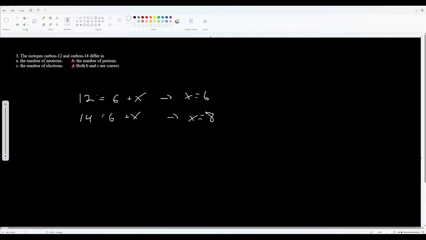If we do this in reverse, 6 plus 8 equals 14, carbon-14. That's how you calculate the atomic mass: the number of protons plus the number of neutrons, not the number of electrons. That's not how these differ. So we can eliminate that, leaving A as the correct answer. All right, moving on.